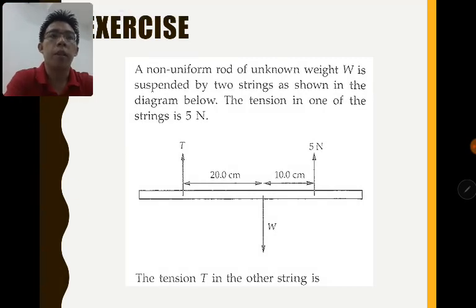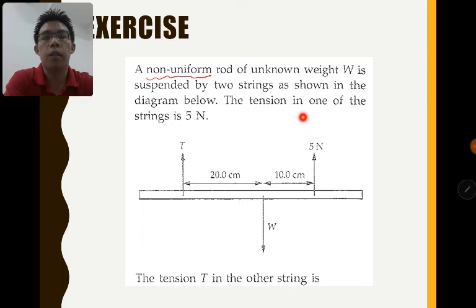Okay, a non-uniform rod of unknown weight is suspended by two strings as shown in the diagram below. So this is a non-uniform rod, so be careful with this word. Non-uniform means that the center of gravity will not act in the middle of this rod, like the case of the meter rule that we used in practical that day.